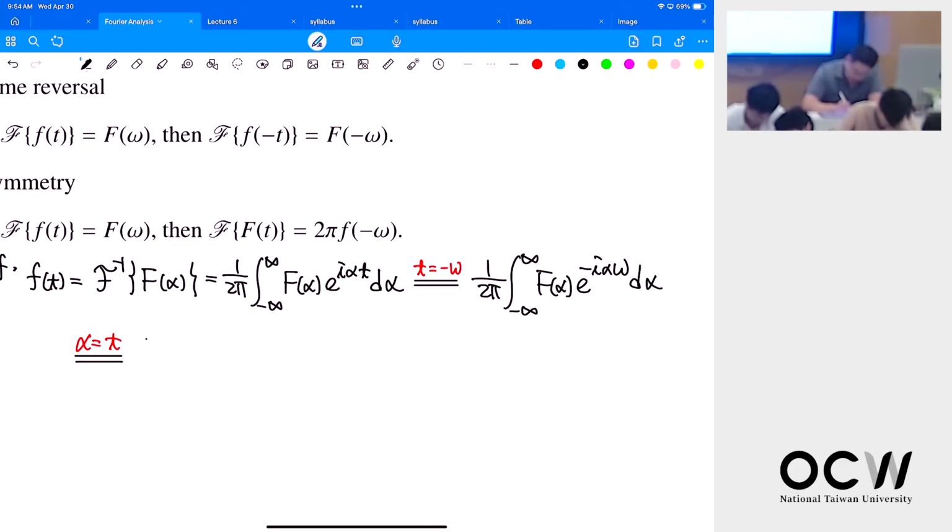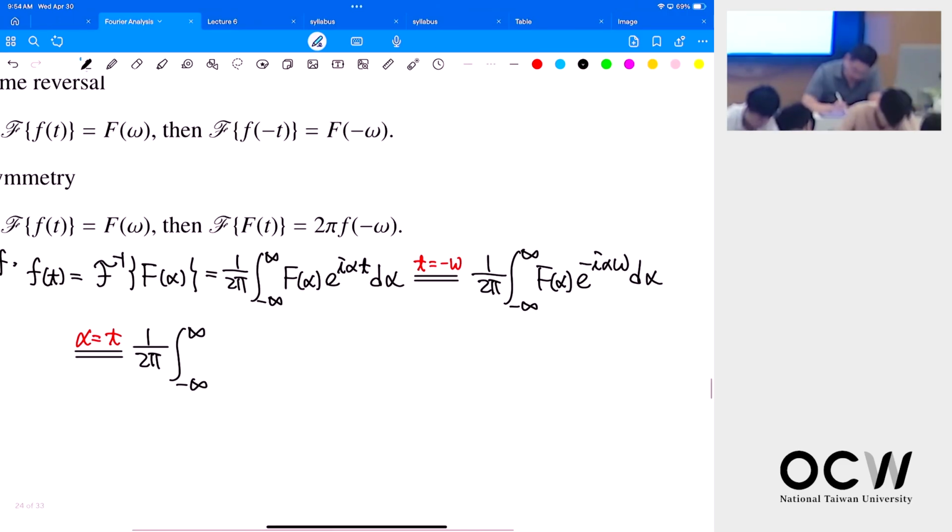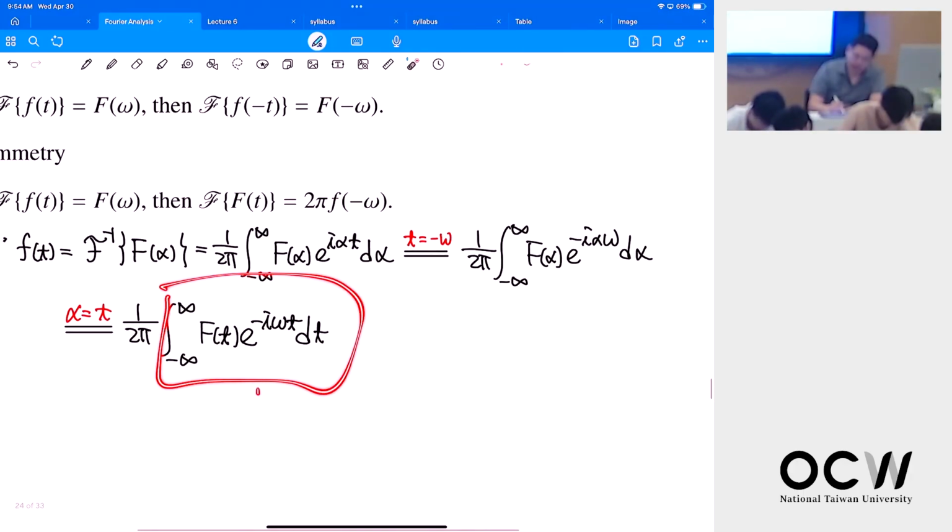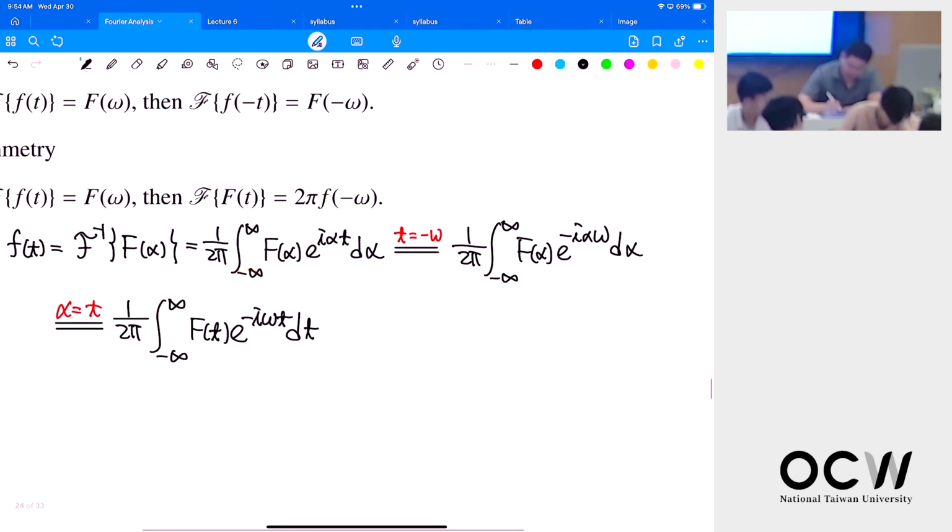I have 1 over 2 pi, f of t e to the minus i omega t dt. What is this integration? That is the Fourier transform, right? So this is 1 over 2 pi times the Fourier transform of f of t.